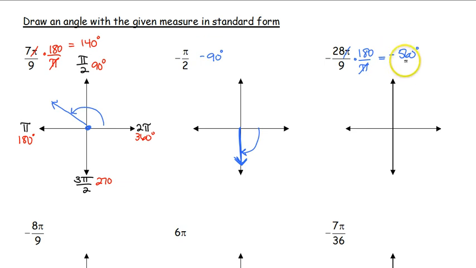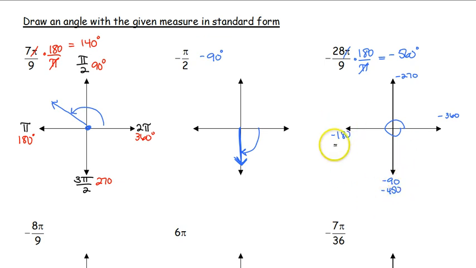So if I want to graph a negative 560, we start at 0 like always. If I go once around in the negative direction, that's negative 360. So let's go ahead and label negative 90, negative 180, negative 270, negative 360. We got to keep on going. A negative 90 more would be a negative 450.